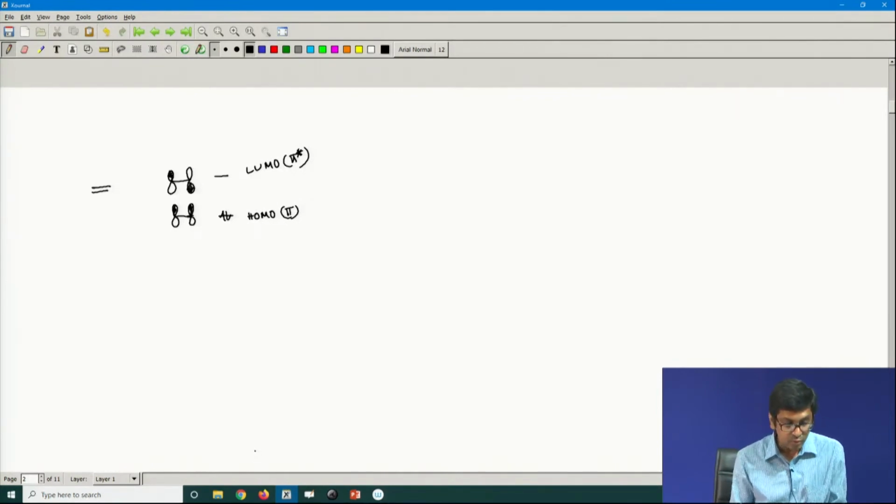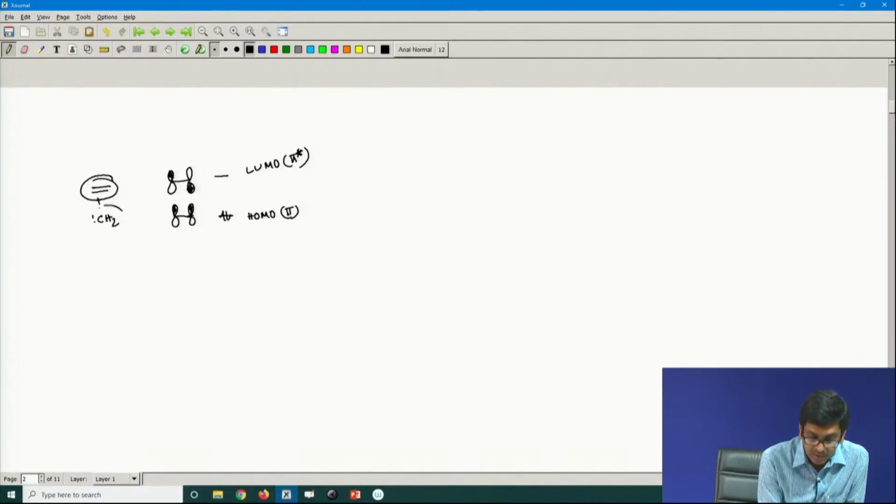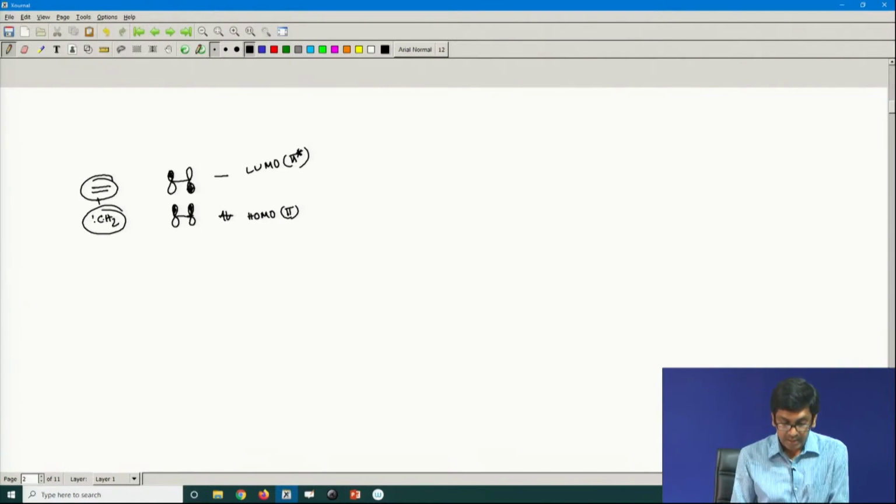Now, the interactions will happen between the alkene HOMO and the carbene LUMO for the reaction. So, you have to consider the MO of this olefin as well as the MO of the corresponding carbene.